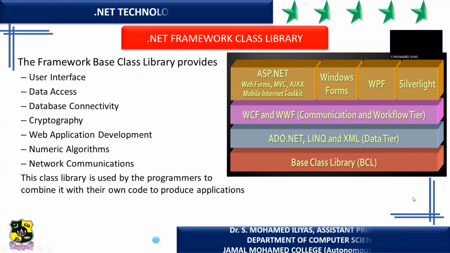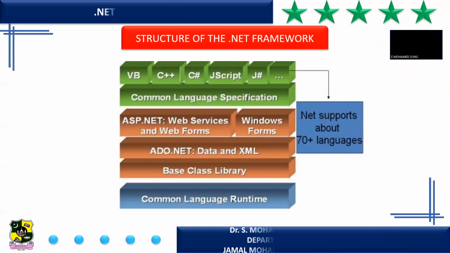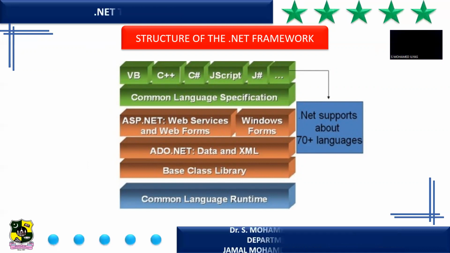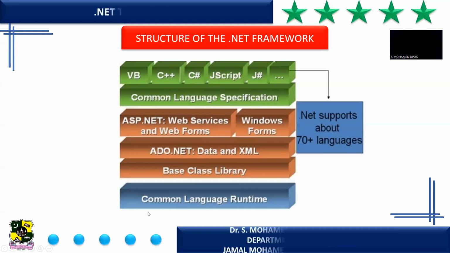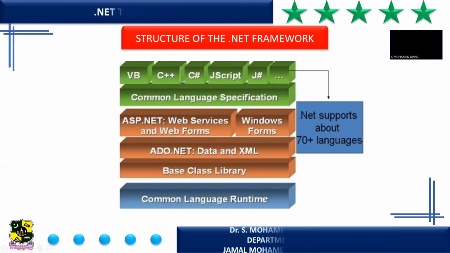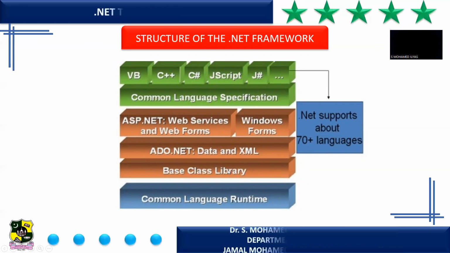Next we move on to the concept of the structure of the .NET Framework. This is the main thing, the basic architecture or basic structure of .NET. The common language runtime resides at the bottom. Then on top they have the base class library, like we already saw in the previous window.